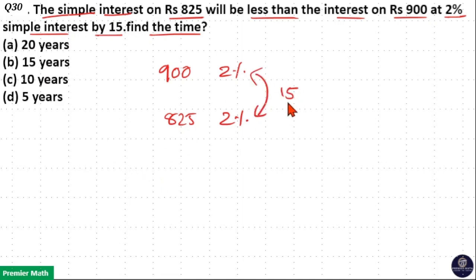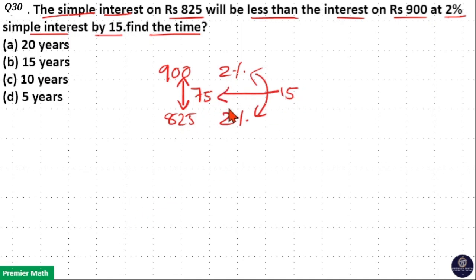This 15 rupees is caused because of the difference in principal amount, because here rate and number of years are the same. Now 900 minus 825 is 75. That means this 15 rupees is received from this 75 rupees.